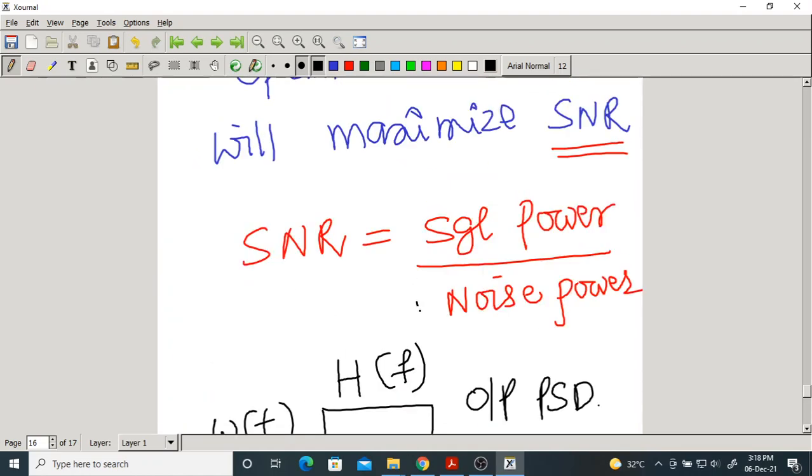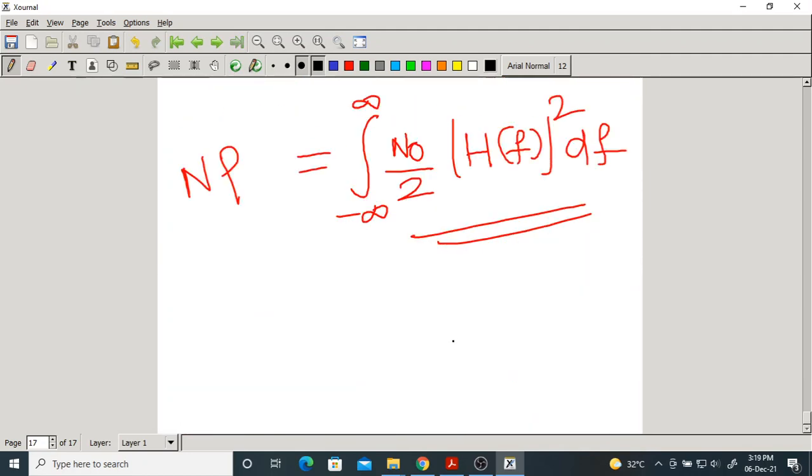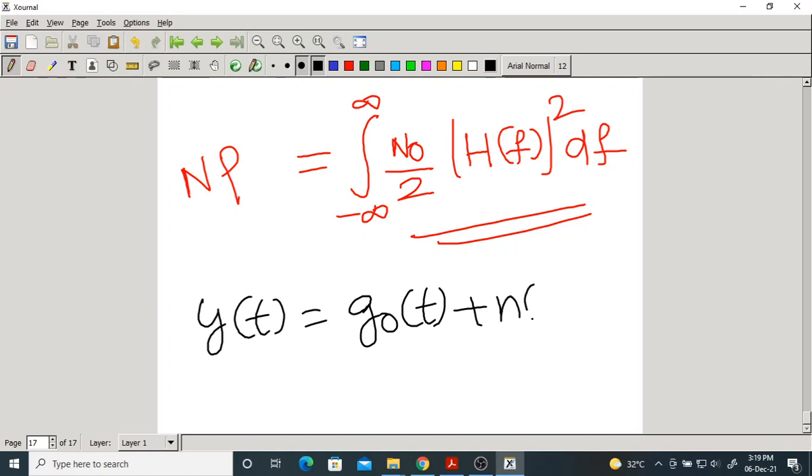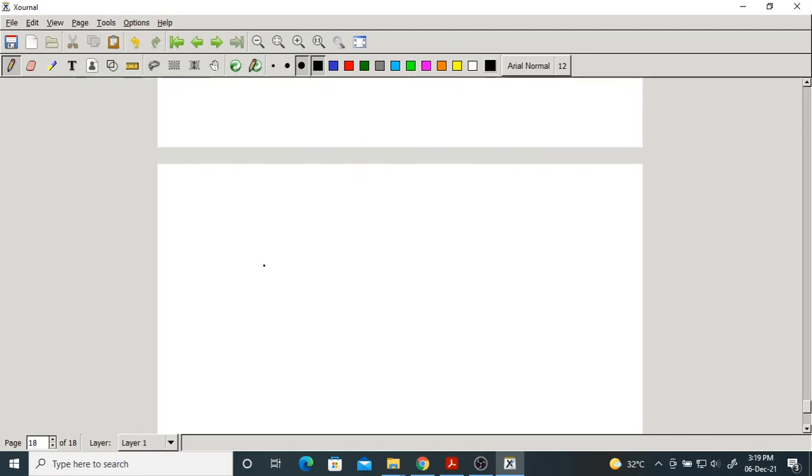So what is signal power? Here y of t is g naught of t plus n of t. Later it is sampled, if you remember properly, at t equal to capital T. Then what do you get here?